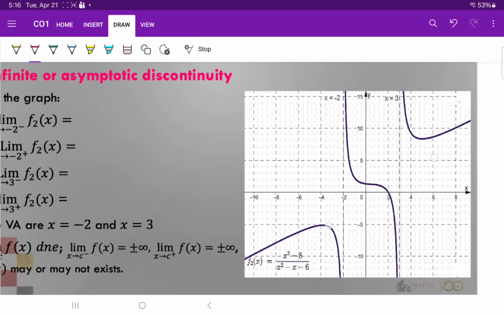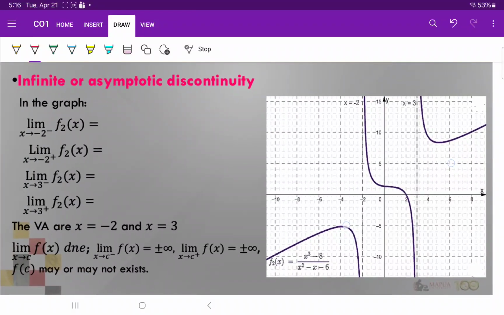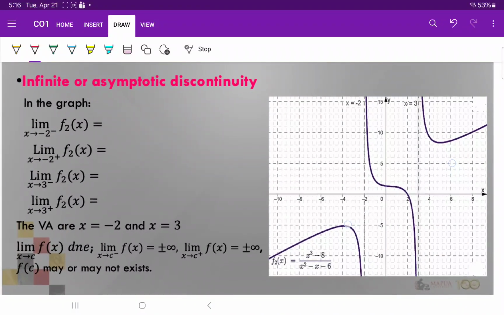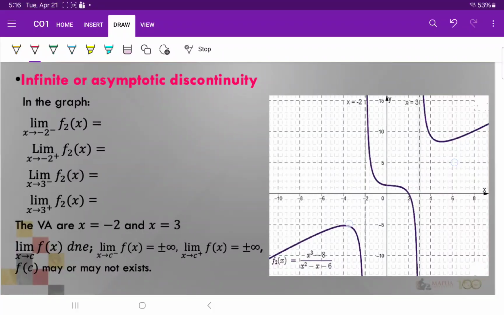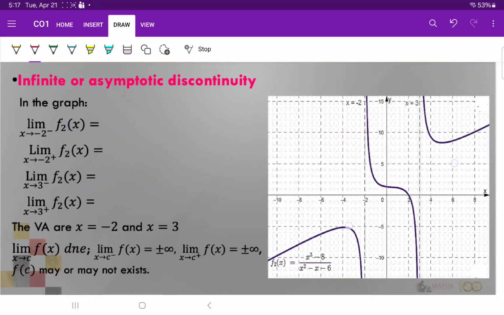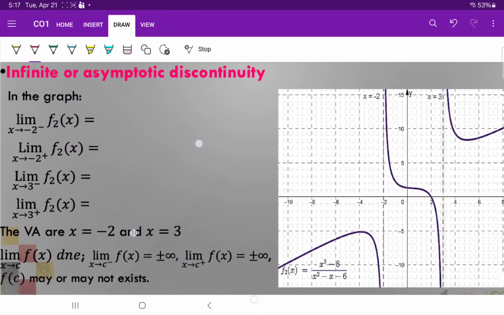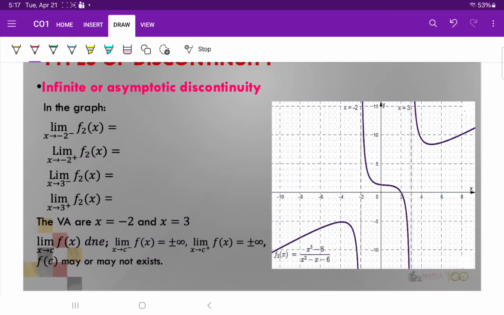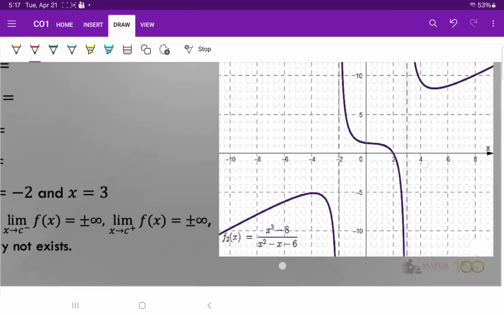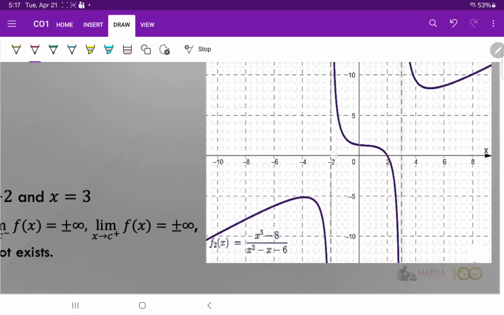Okay? Alright, let's look at this example here. Again, by just looking at the graph, we can determine the limit of the function. Right? So, in the graph, our function is f sub 2. What is the limit of f sub 2 of x as x approaches negative 2 coming from the left? It's this one, right? So, coming from the left of negative 2, what's your limit?